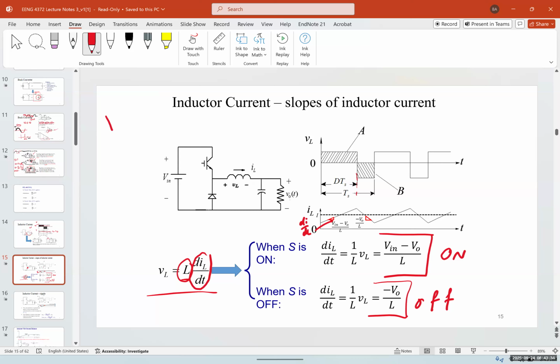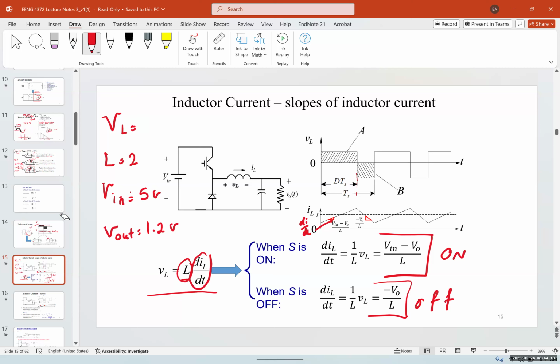Okay, now let's solve a problem. We want to find VL when L is 2 Henry, Vin is 5 volts, and Vout is equal to, let's say, 1.2 volts.